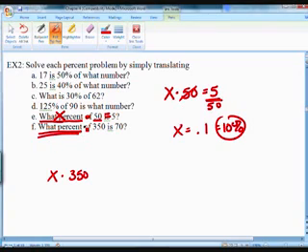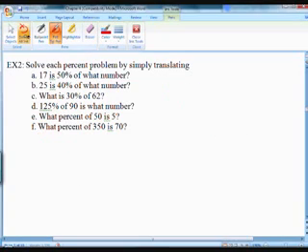So this one's what percent of 350 is 70, meaning X times 350 equals 70. So here we go, hang on. Joey, raise up and do this last problem for me. Show me how to, what percent of 350 is 70? How do you do that? You try it for me, Randy.